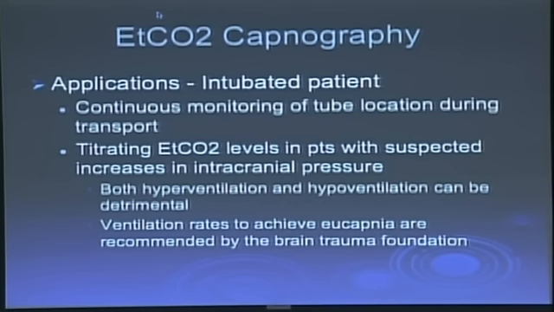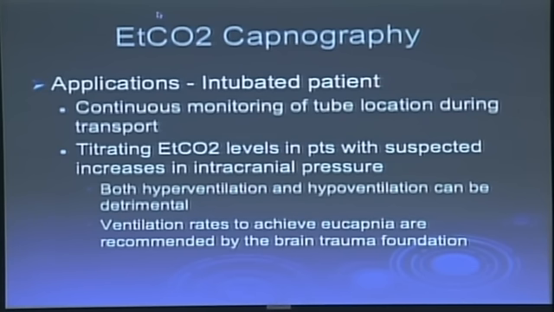Now, you can get a good EtCO2 level with right bronchial placement. So if you put your tube in too far, go down to the carina and slide down the right main stem, you still will get CO2, which means you've got a good ET tube, but you still have to monitor the patient, make sure they have breath tones on both sides, and it's working well.